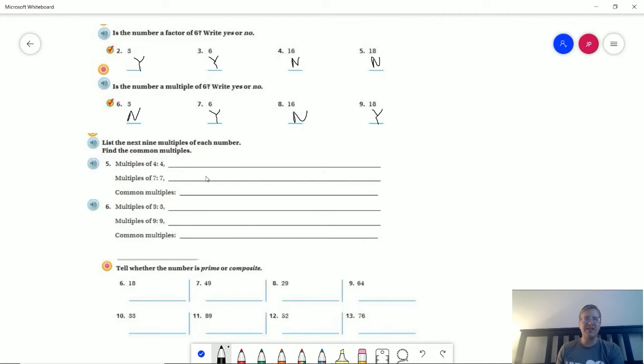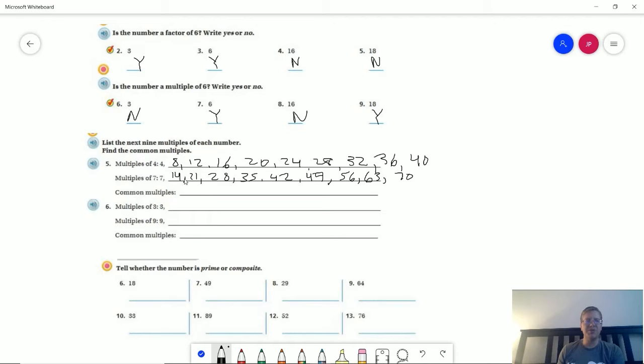One of the other tasks that they're going to ask you to do is to write out a list of multiples. The purpose of doing this is we want to figure out if there are common multiples. So if I do that, I'm going to go all the way up to 70 here. All right, now I have my first 10, because they wanted us to write in the next 9.